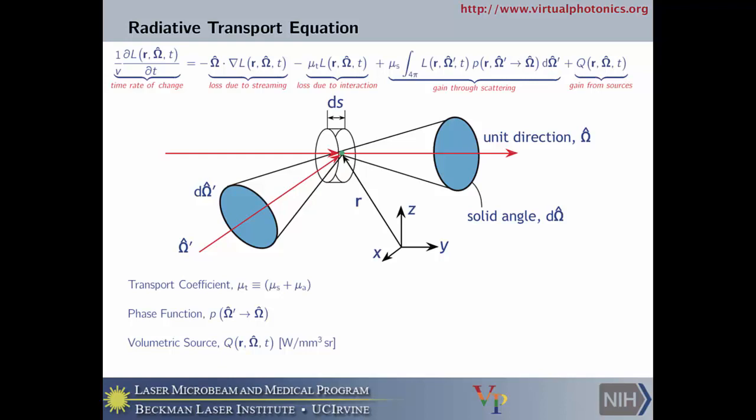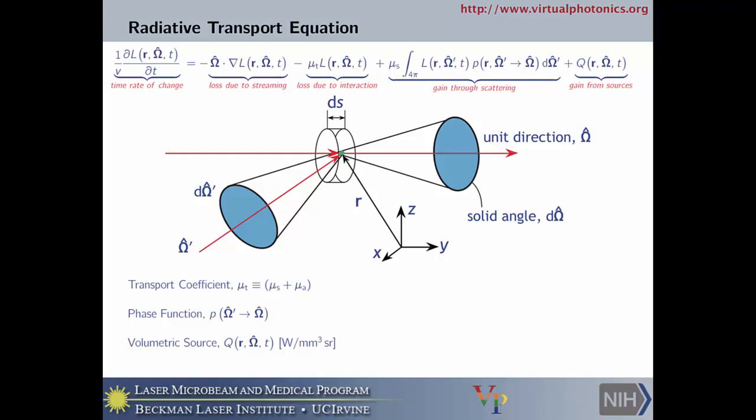So the first term here on the left-hand side is the time derivative of the radiance, because in general you can have a source that is changing with time. And so if I look at one location r in your three-dimensional system, and you consider light only in one direction, omega, I want to see, okay, at that one location, in that one direction, how much is my light changing in time, okay?